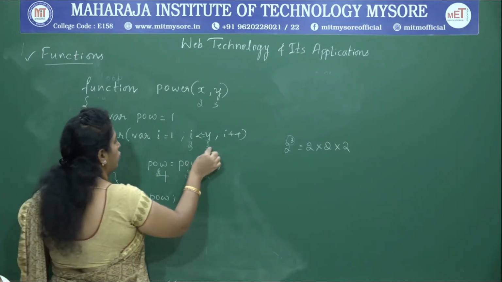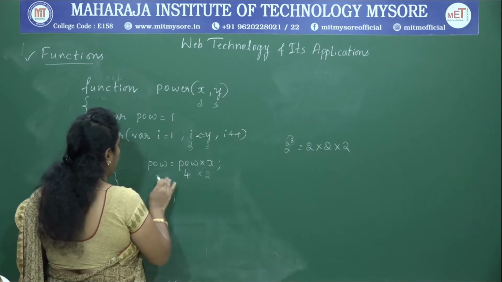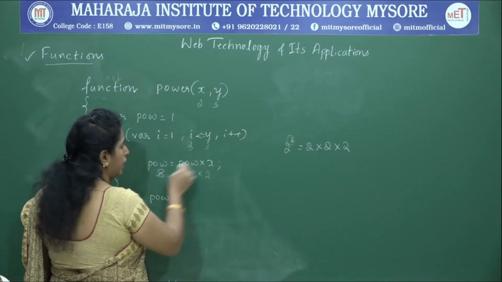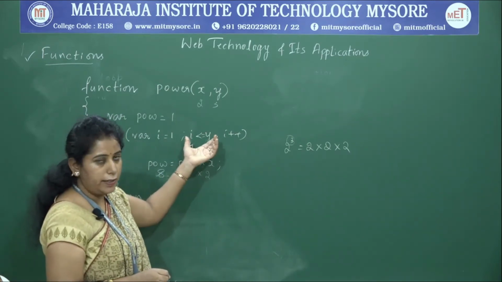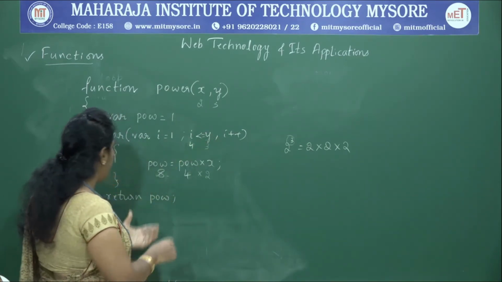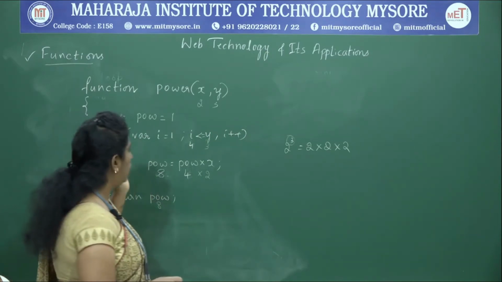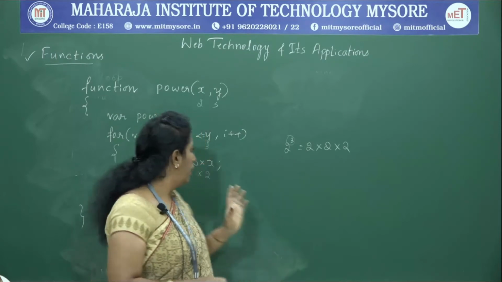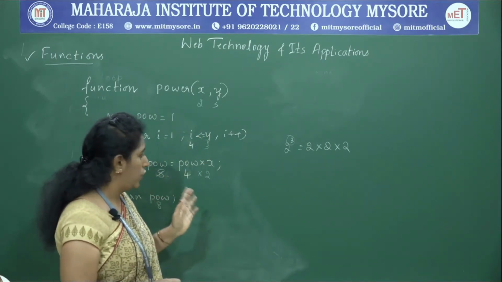So 3 equal to 3, true. Now power is 4. 4 into 2 is 8. So power is 8. i is incremented to 4. So this condition is not satisfied. It comes out of the loop and returns power. So power is how much? 8. So this is how you can write a simple function in your JavaScript.